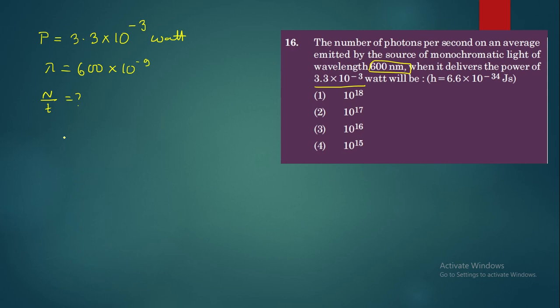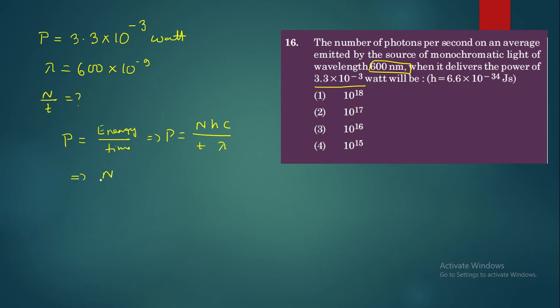Well, first let's write down the power. Power means energy divided by time. What is the energy of the photon? nhc divided by lambda; hc by lambda is the energy of one photon.